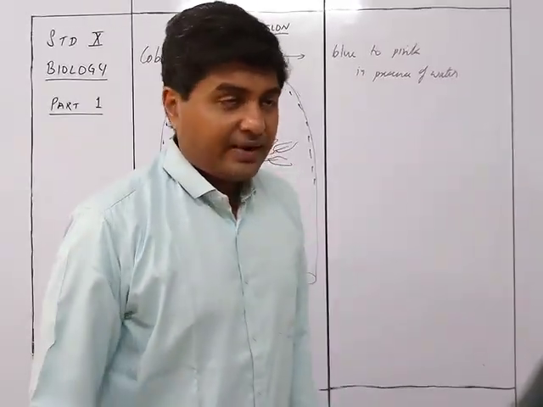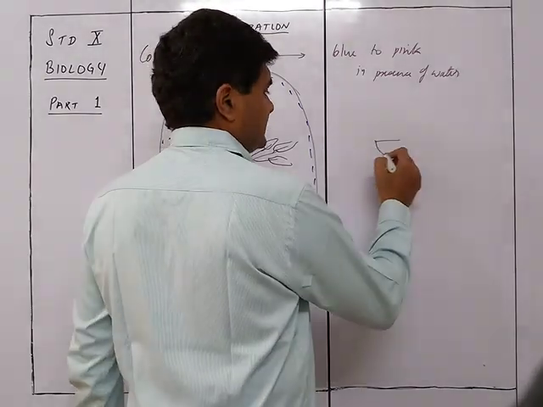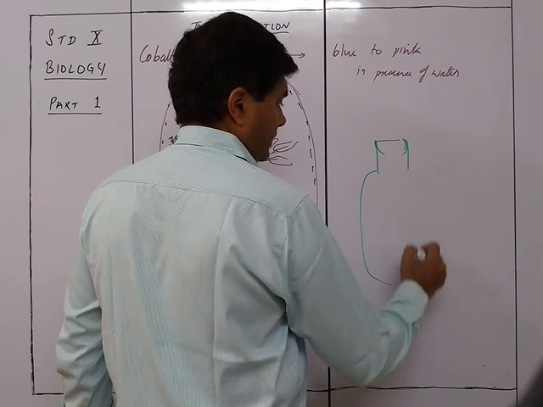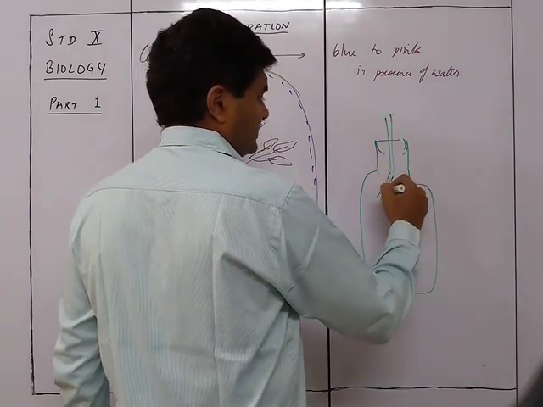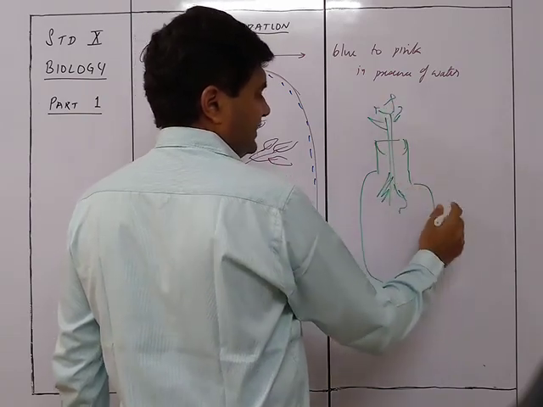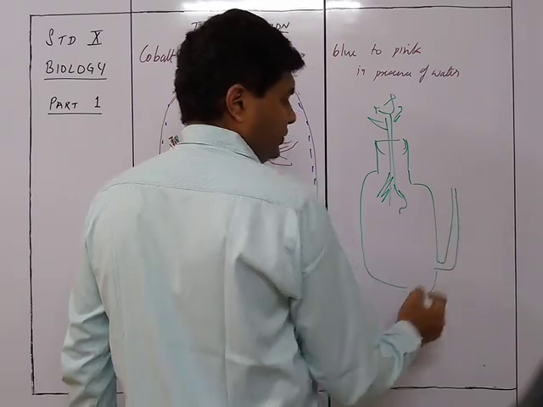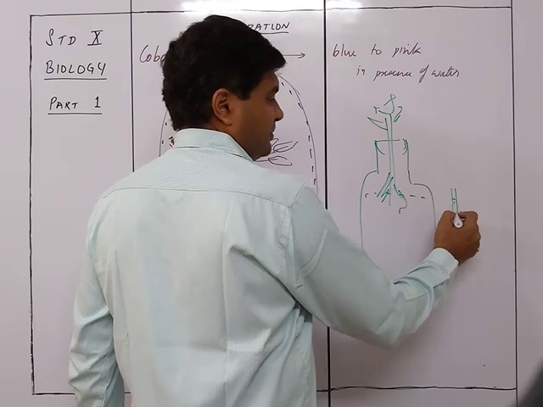So what they have done is, we have a potted plant in a sealed bottle. The plant is put inside, with the roots over here and the plant over here, and there is a small tube here. The same water level is shown over here.